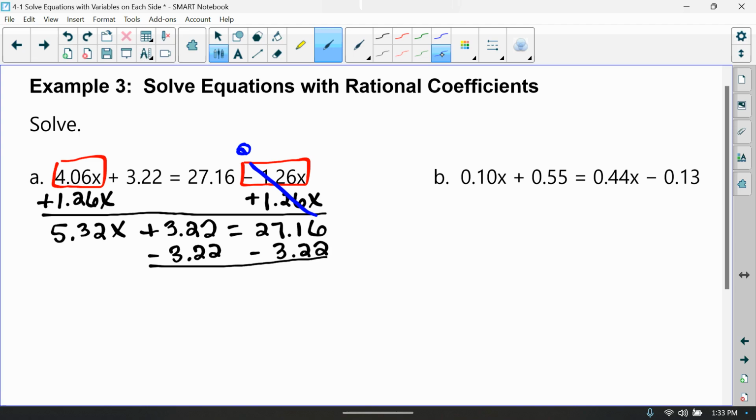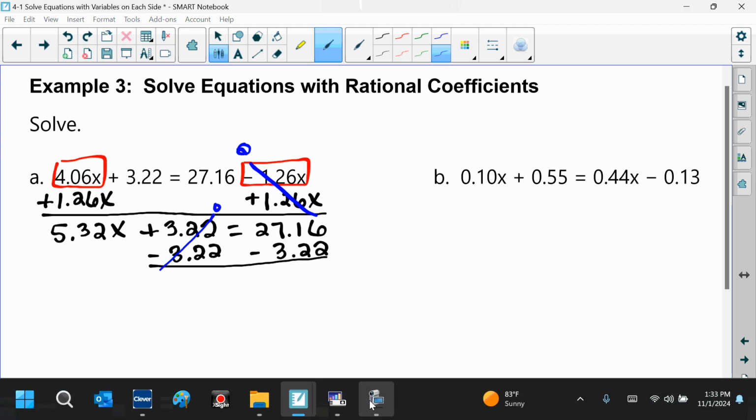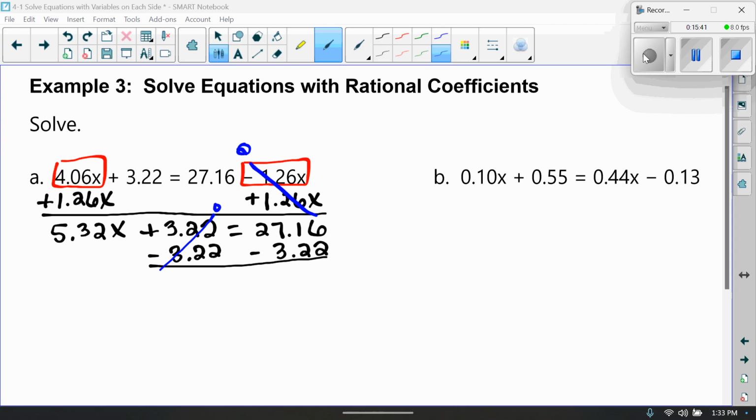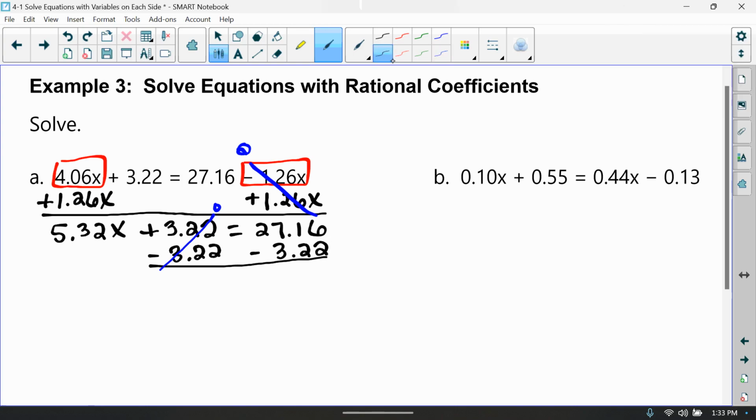So that's a number plus its opposite, that's equal to 0. On one side, we have 5.32x equals, and on the other side, 27.16 minus 3.22 is equal to 23.94.